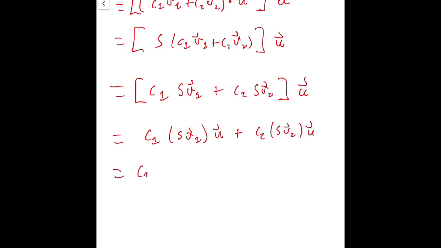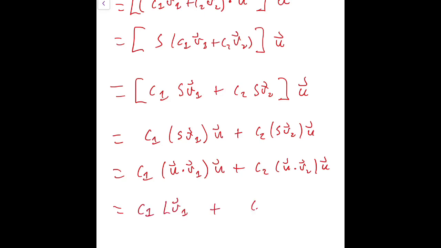But remember, this is just C1 times S V1, which is U dotted with V1, and then times U, and then similarly this is C2 times U dotted with V2 times U. In other words, this is C1 L V1 plus C2 L V2. Okay, so what does this tell us?